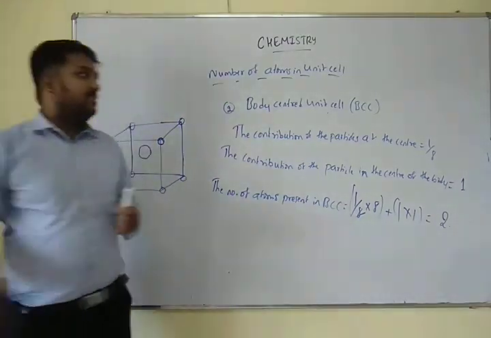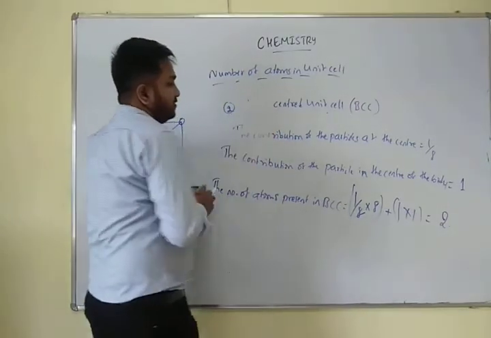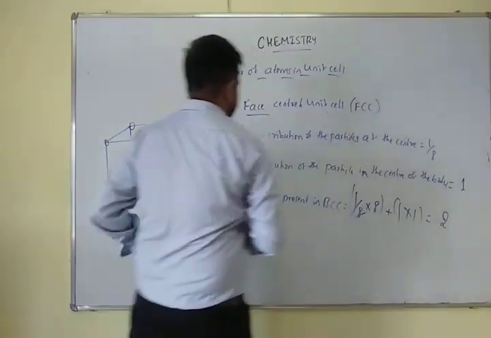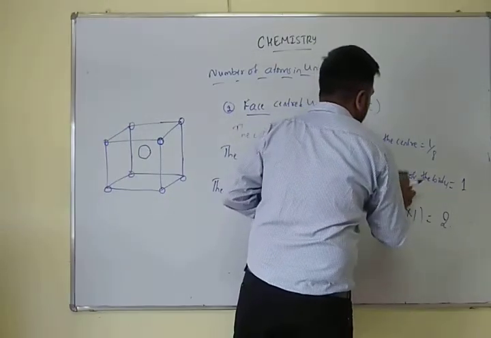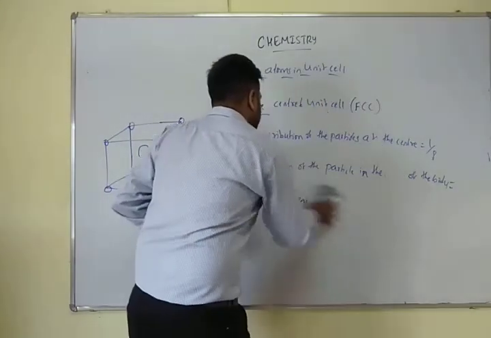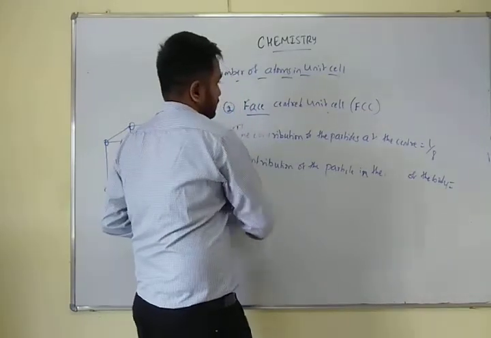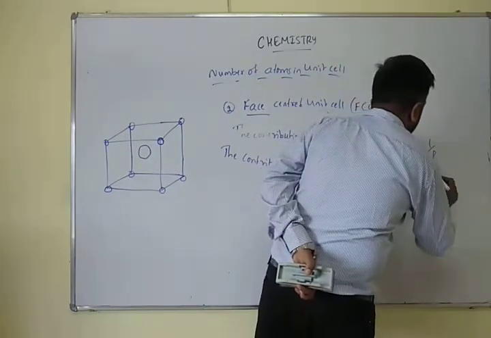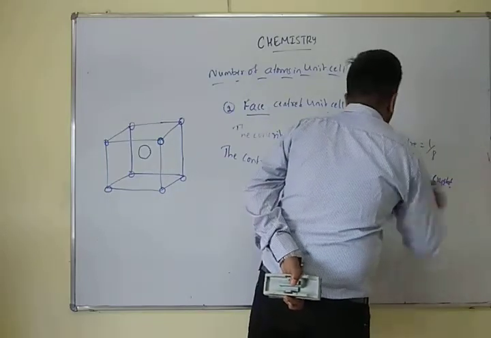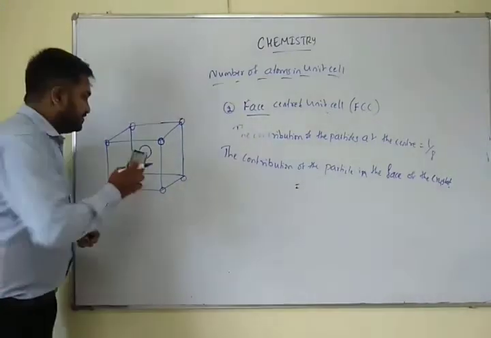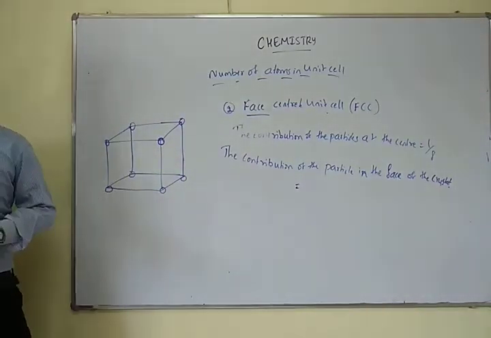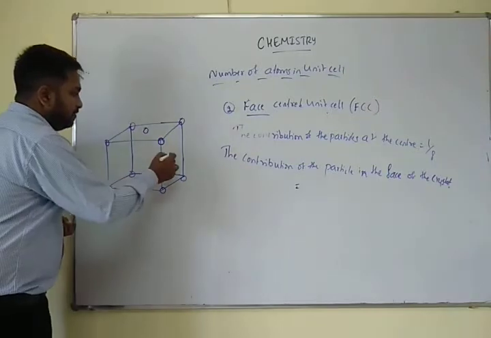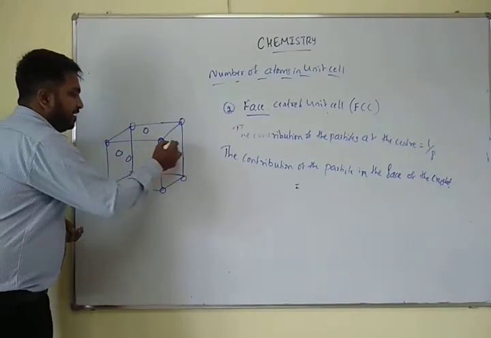Now let us look at the face center cubic cell. It is FCC. So in FCC, I said that the atoms will be present in the corners and also above and below, in the sideways, and the front and the backward.